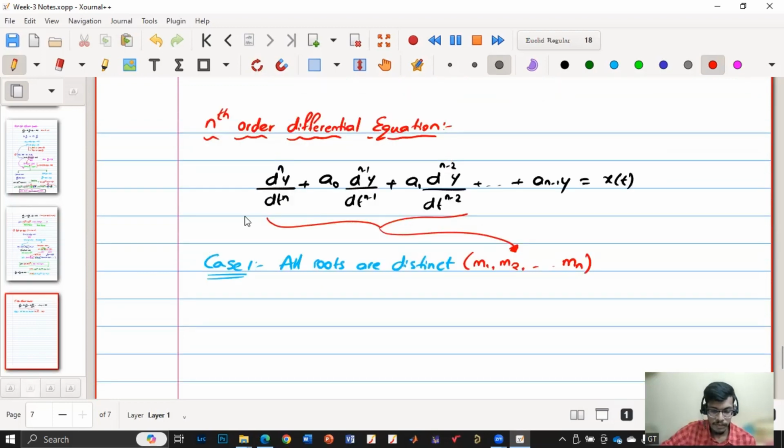Hello, are you following? Hello. Yes, sir. Okay. Can anyone tell me what will be the expression for y of t, if the roots are distinct and the roots are m1, m2, mn? Maybe you are wrong, but just give it a try.